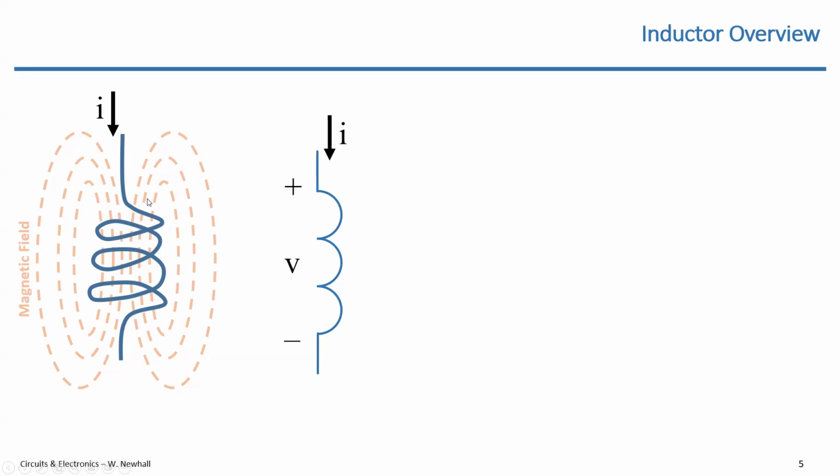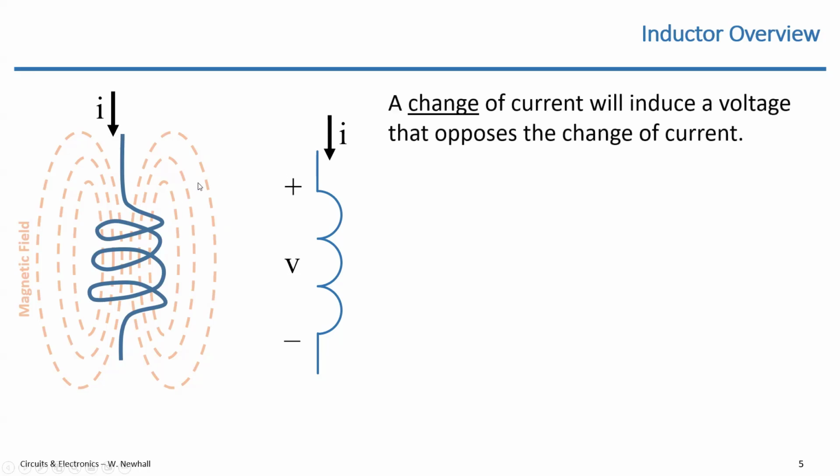In this case, you're considering the magnetic field that this coil is creating by itself, not created by some separate magnet, either permanent or electromagnet, but just the magnetic field generated by the current through this coil. And it turns out that a change of current will induce a voltage that opposes that change of current.